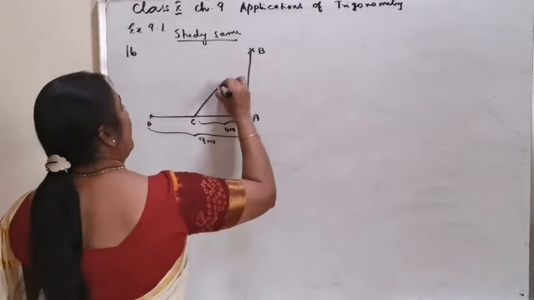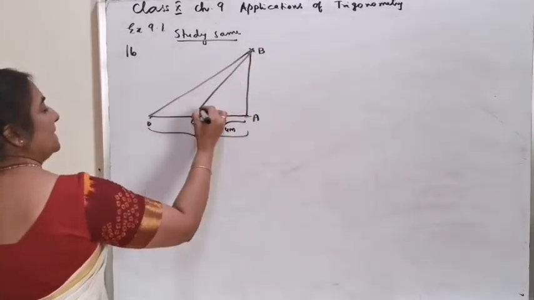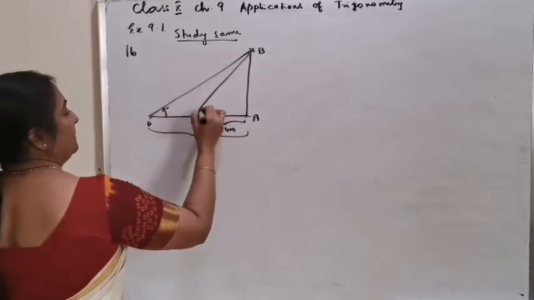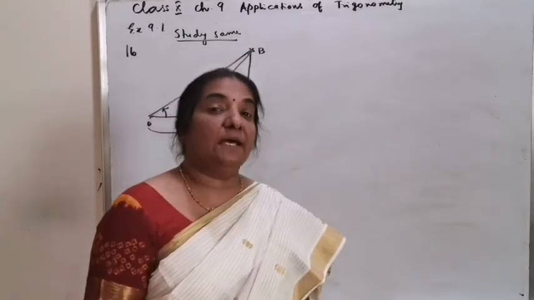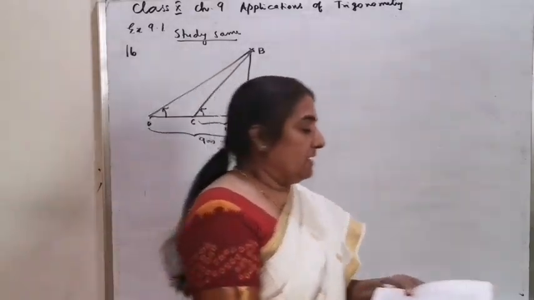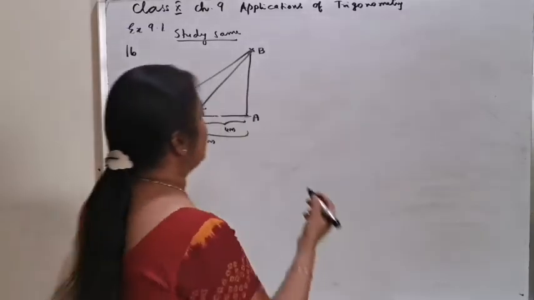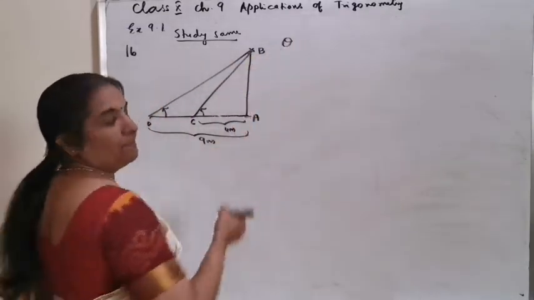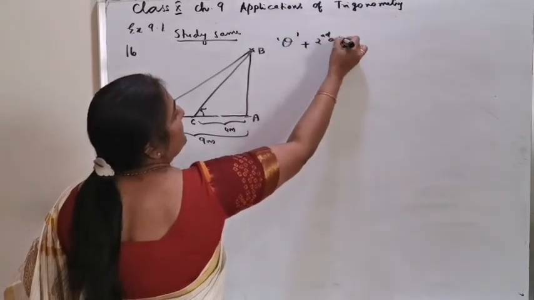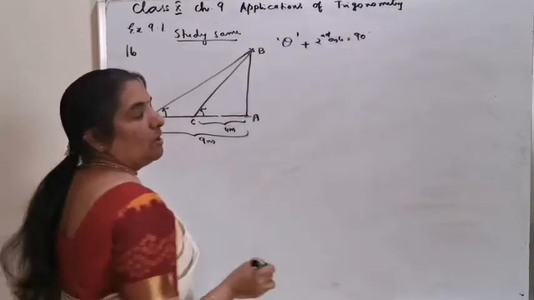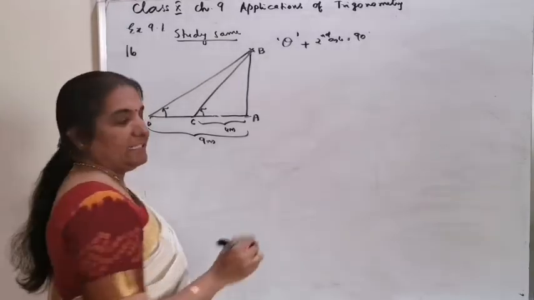It is said that the angles of elevation formed are complementary. That means if the first angle is theta, theta plus the second angle gives you 90 degrees. Complementary means the sum of the two angles is 90 degrees.